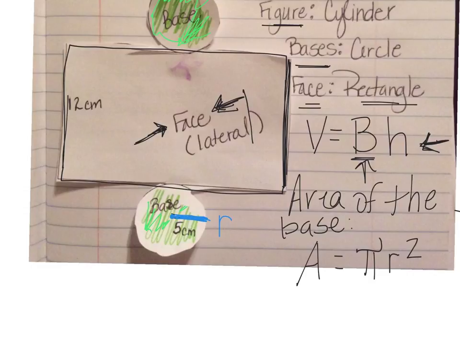If you look up top, this is the diameter, and halfway is the radius. And the radius is what we need. So we're just going to substitute our numbers: 3.14 for pi, times the radius squared, and the radius is 5 squared.